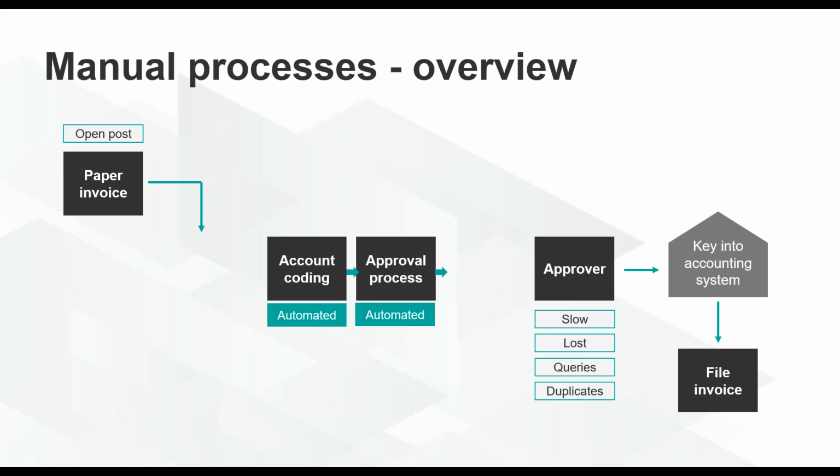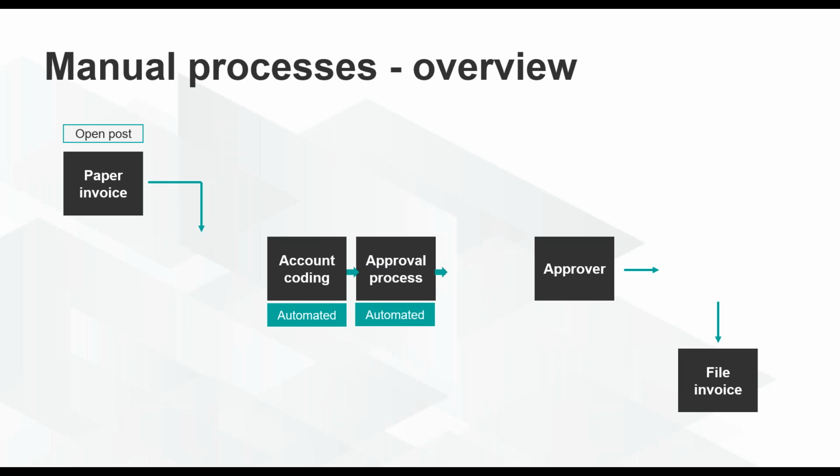You'll no longer need to distribute the invoices manually to approvers, and all of those tracking issues around paper invoices are also eliminated. Manually keying the invoices into the accounting system will be a thing of the past, and because all invoices are stored and tracked within iComplete in the cloud, there's no need to file that paper anymore, which gives you a 100% paperless but also a manageable process.